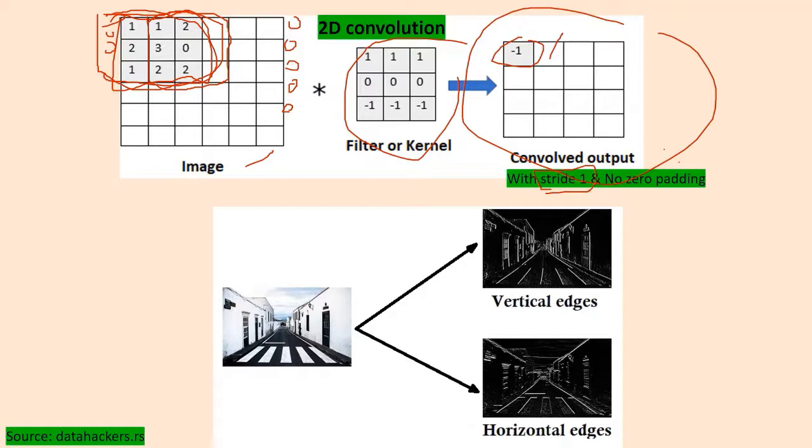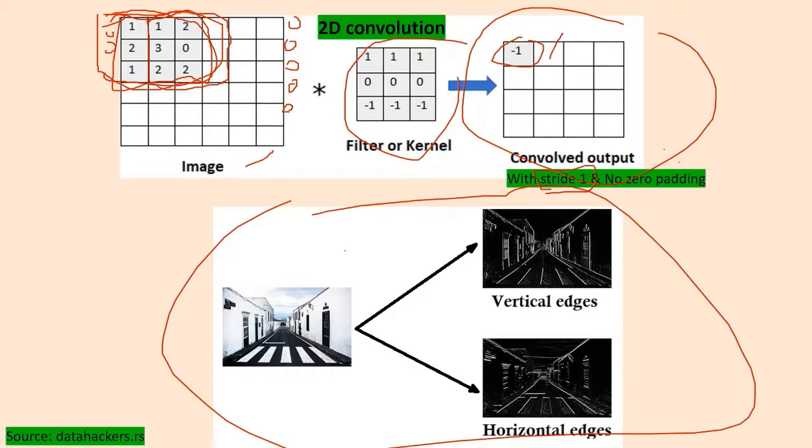If this is the image and you pass it through this filter, you get horizontal edges. That means if I want to extract horizontal edges from this image, I can use these filter values 1, 1, 1, 0, 0, 0 and -1, -1, -1.